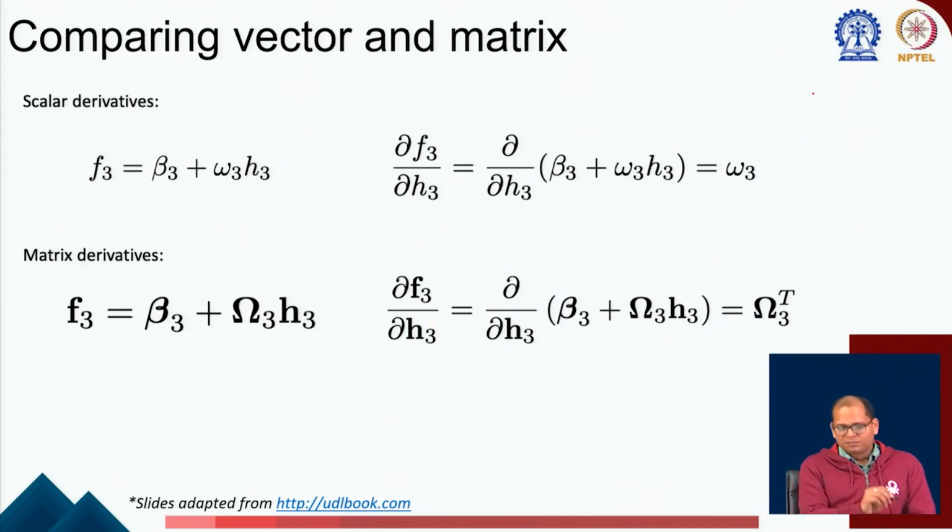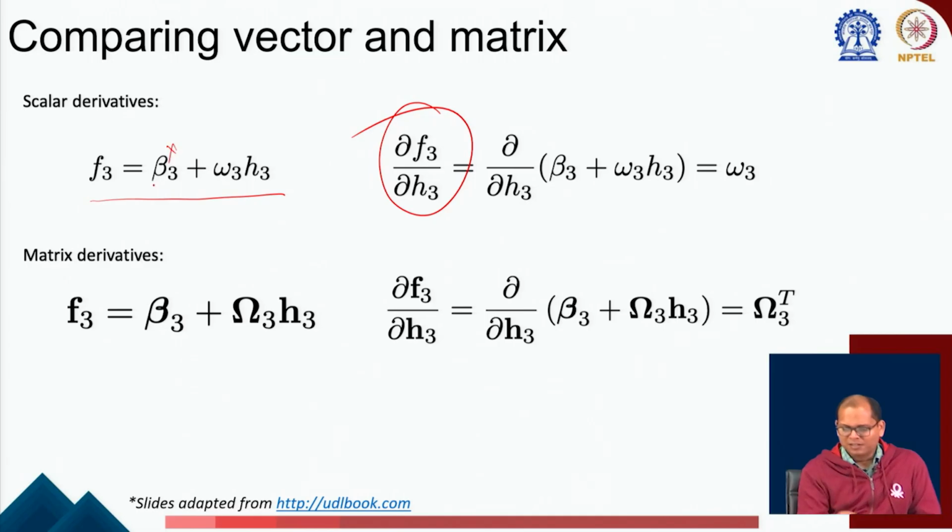Similarly, what would happen? So now I am saying F3 is beta 3 plus W3 H3, and I want dou F3 over dou H3. Now here beta 3 will not matter, so I will consider this quantity. If this is scalar, I simply get W3. But what will happen if this is a vector? So if it is m cross 1, m cross n, n cross 1. So dou F3 over dou H3, right? F3 is m cross 1 and H3 is n cross 1.